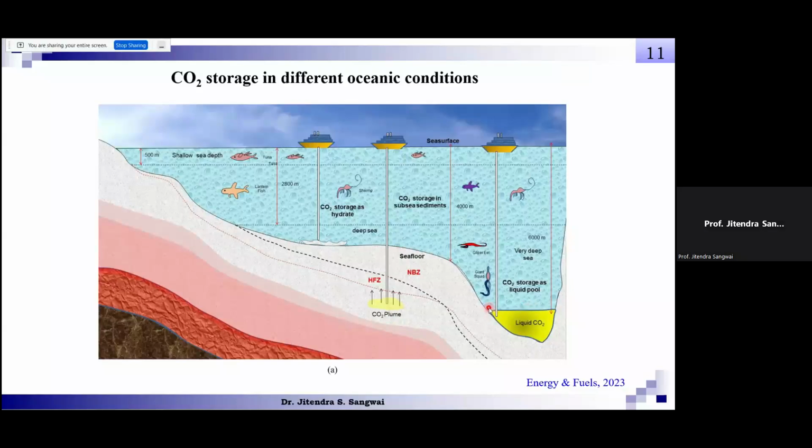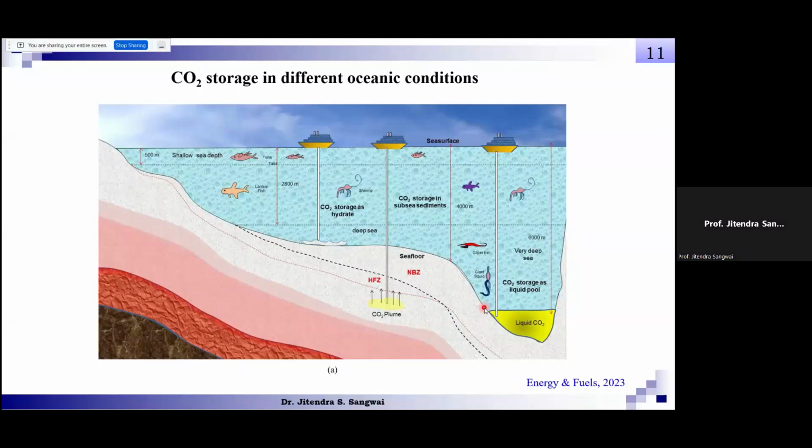And it's possible that you can have a hydrate layer formed permanently on top of a liquid CO2 pool, so that the CO2 will remain in the form of liquid. On top of it, it will have a hydrate layer, like a solid ice layer. You know that in Dal Lake, when the temperature decreases, a solid ice layer forms, and people walk on that, with water below, right?